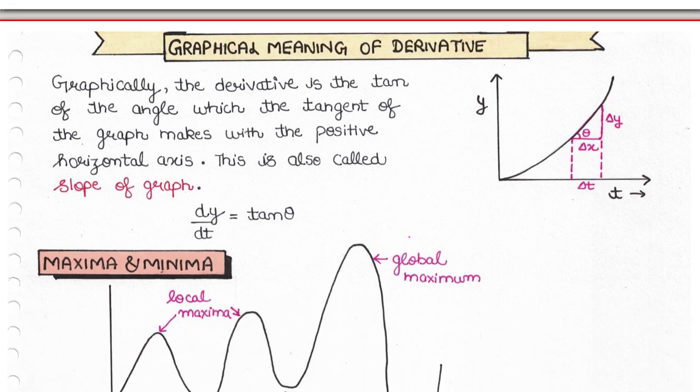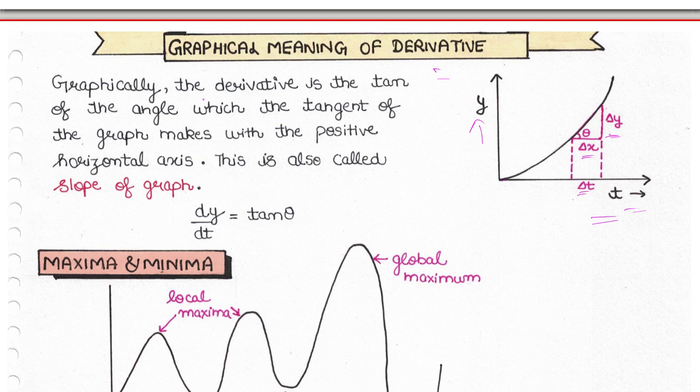Now we are interested to know the graphical meaning of a derivative. So if we have a graph of y and t, with t along x-axis and y along y-axis, and this is a curve, and here we represent this thing as delta y and this thing as delta t or delta x, and this curve is making theta angle with delta x or delta t.